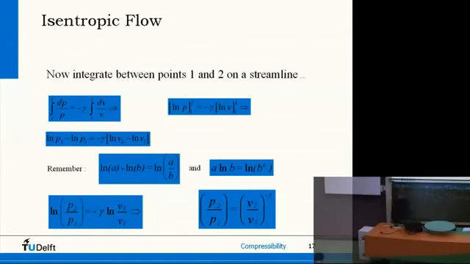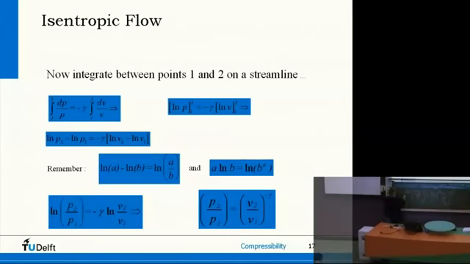So after all this struggle, I have a very nice relation, namely ln pressure at location 2 over pressure at location 1 is equal to ln specific volume at location 2 divided by specific volume at location 1 to the power minus gamma.